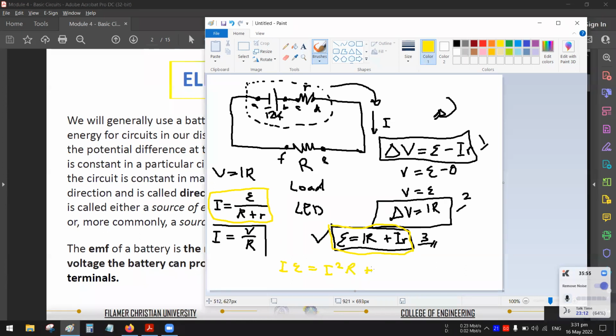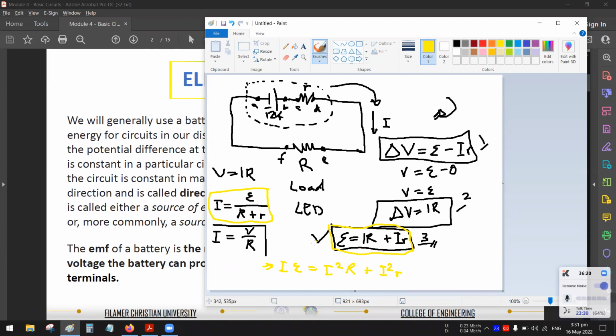plus I squared times the internal resistance r. Okay. So ito, this also symbolizes your energy, no? Or power. Okay.